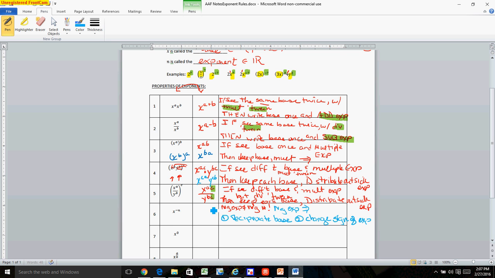So in other words, x to the negative n is really x over 1 to the negative n, right? So, a negative exponent says you can reciprocate the base and change the sign on the exponent. So the exponent was negative, make it positive.